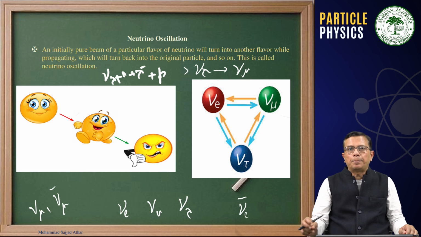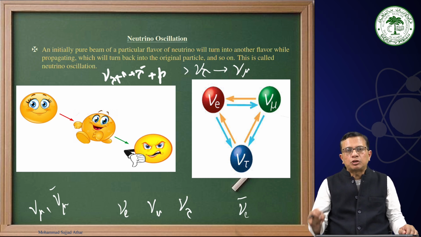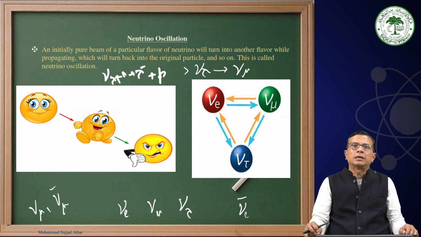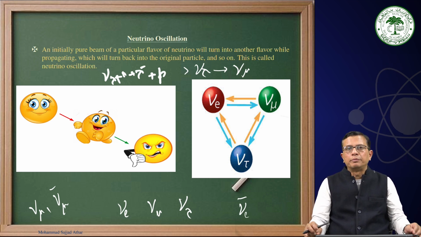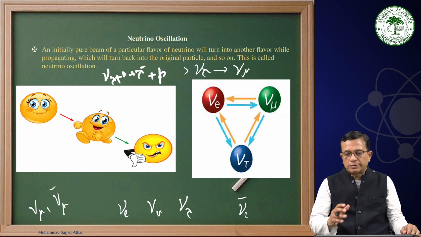Or if we have placed a detector which is sensitive to detecting electrons, then we will say that we are observing electrons from the oscillation of nu mu into nu e. This is the basic picture of neutrino oscillation, changing flavor from one to another.